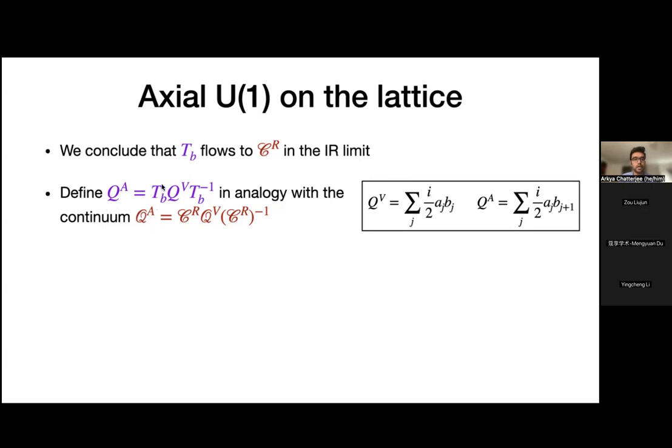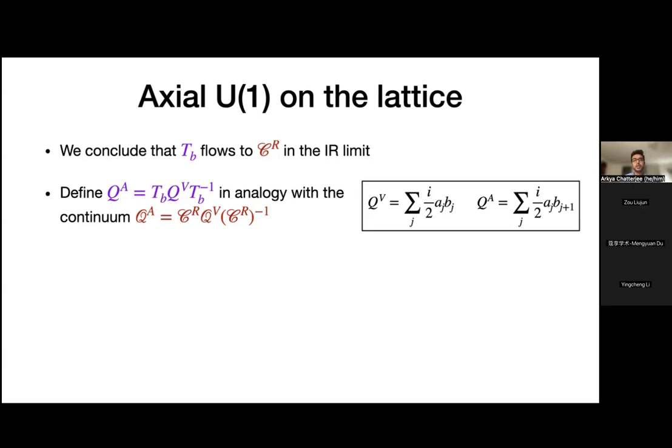And by doing this conjugation, we can see that since QV has this expression in terms of the Majorana fermions, QA is simply a translated version of that, meaning you just shift the index of B by 1.